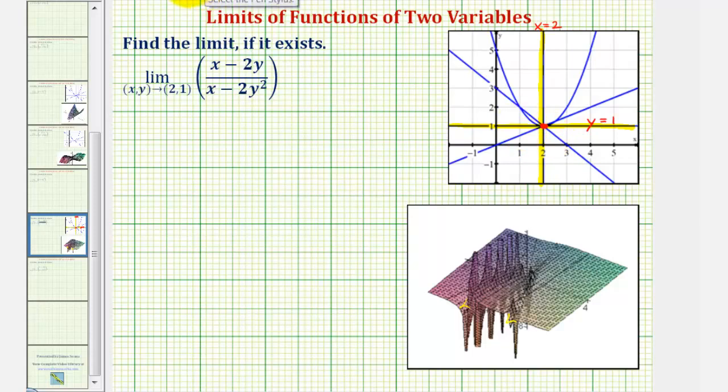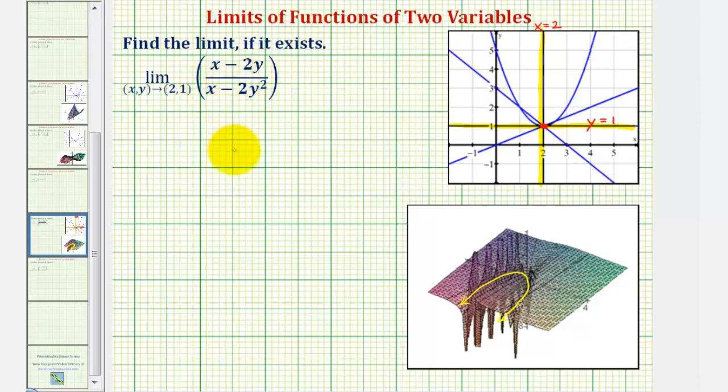However, it is often helpful to graph the function and analyze the surface when determining limits of functions of two variables. And I've provided the graph of our surface here below. Notice how the graph of the surface looks strange along this path here, which if we take a look at our function, we recognize that we'd have discontinuity when we have division by 0.